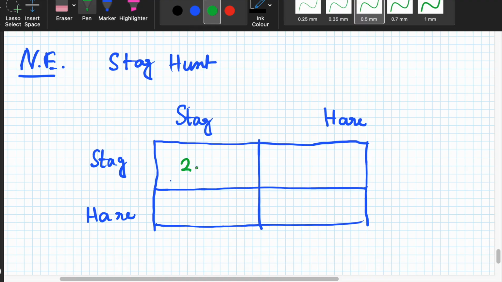Now this is 2, 2, this is 1, 1, this is 1, 0, this is 0, 1.